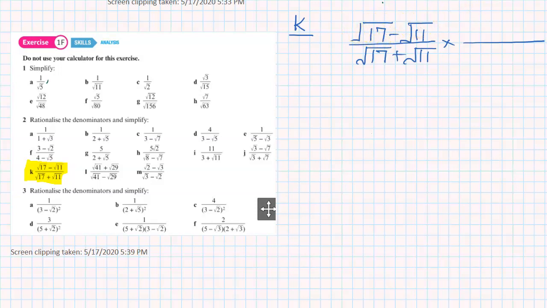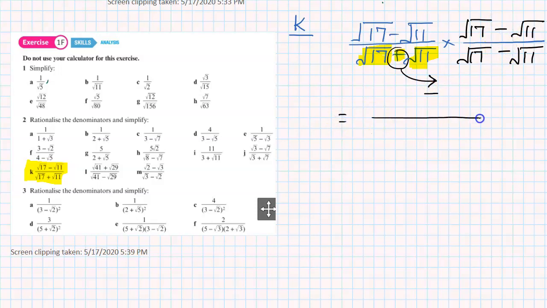We need not concentrate on what is in the numerator. We have to concentrate on what is there, and what sign is there. So what I'm going to write is root 17 and root 11, root 17, root 11, and my sign will be the opposite of this, negative and negative.